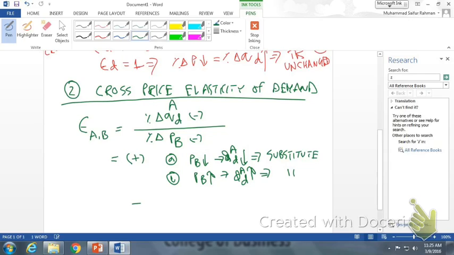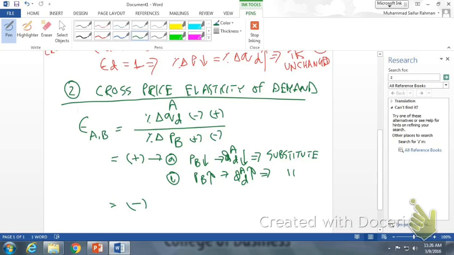This can also be a negative sign. The cross price elasticity of demand can also be negative. The only way cross price elasticity of demand can be negative is if these two have opposite signs, right? Are we all clear on that? Meaning that when price goes up, quantity demanded goes down, or when price goes down, quantity demanded goes up.